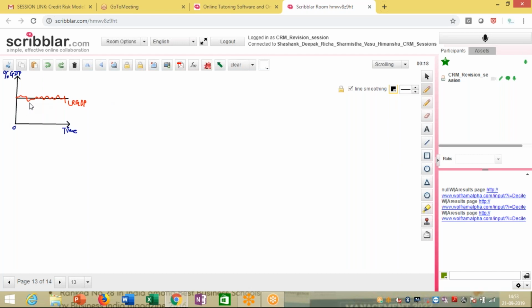So this GDP series will be called a stationary series, because the average GDP is equal to this X bar, the long run or the mean GDP.